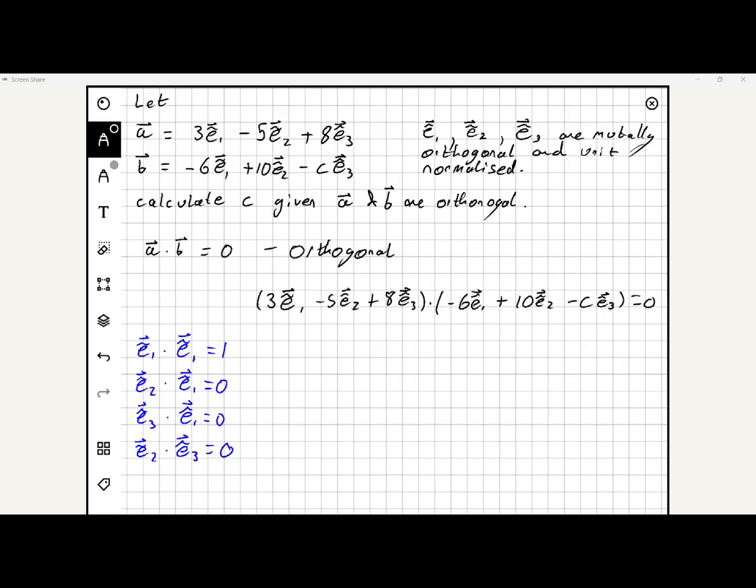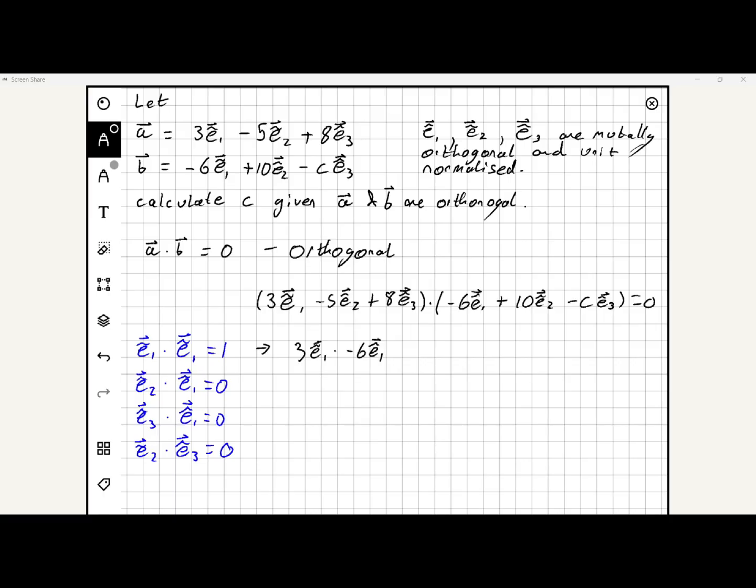So that means we can basically just focus on the E's that are the same number and multiply only them together. So we'll have E1 multiplied by E1, which equals 1, and then E2 and E2, and E3 and E3. They all come in pairs here. So that will lead to 3E1, still dotted with minus 6E1.